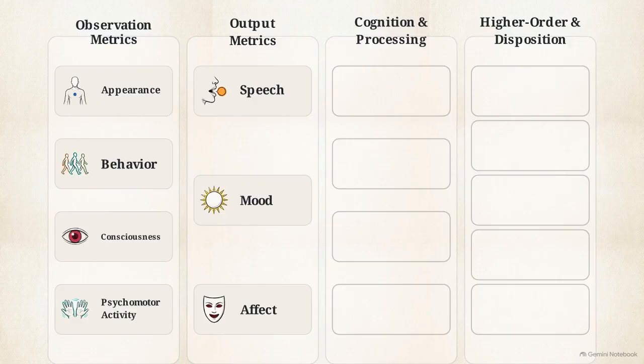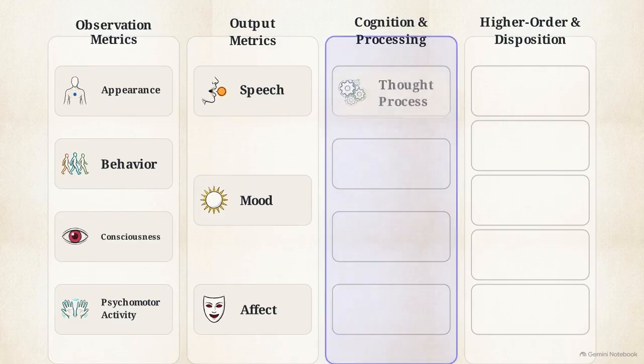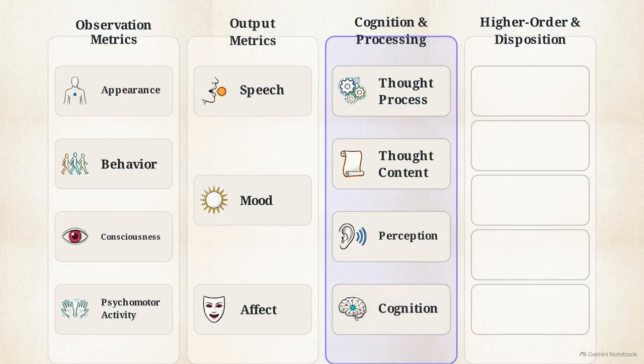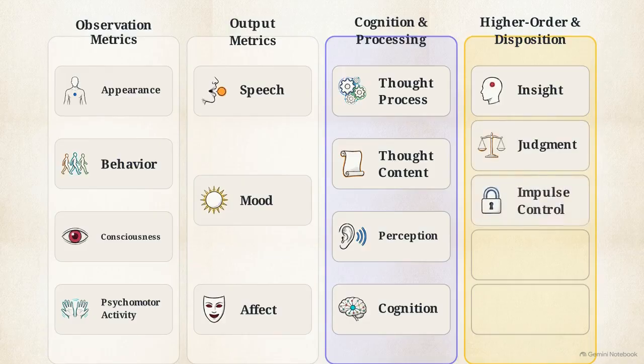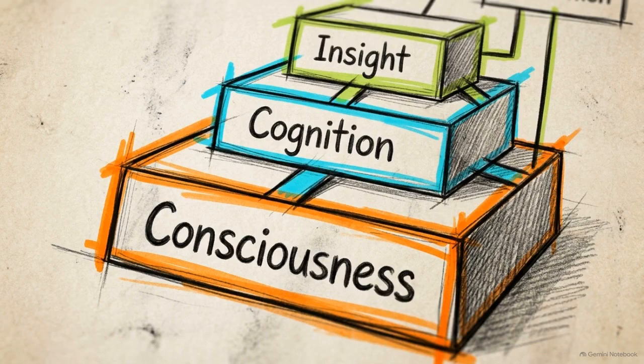Once the baseline is secure, the exam moves into cognition and processing, assessing thought process, thought content, perception, and general cognition. The sequence concludes with the higher order and disposition category, evaluating insight, judgment, impulse control, reliability, and safety. These domains follow a strict hierarchical dependency.